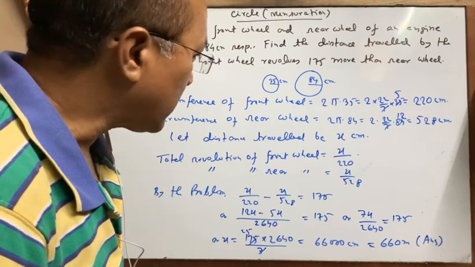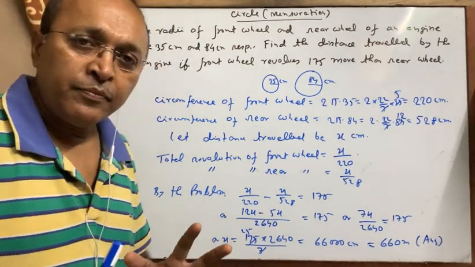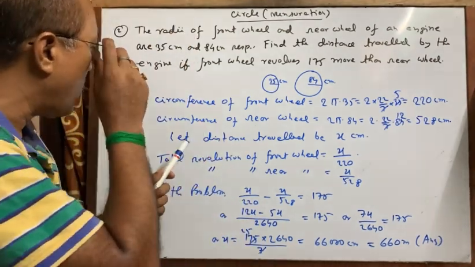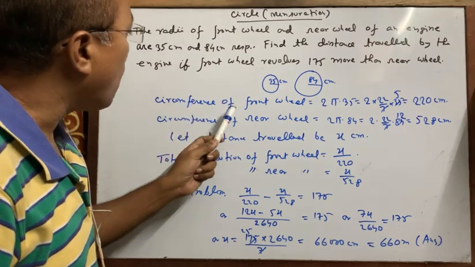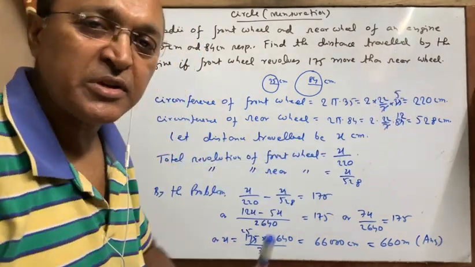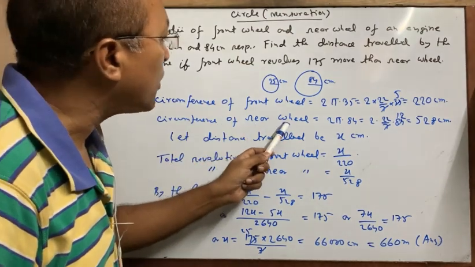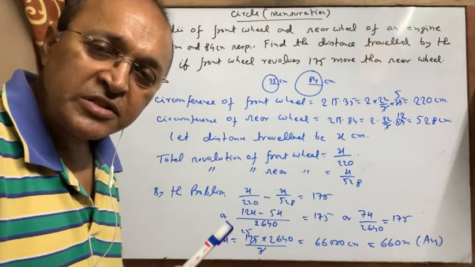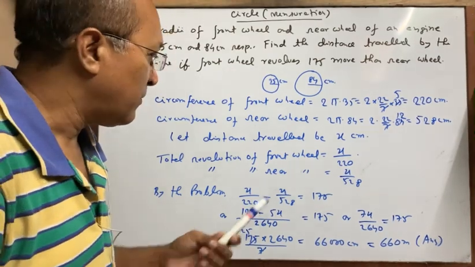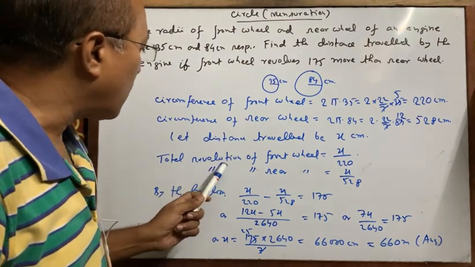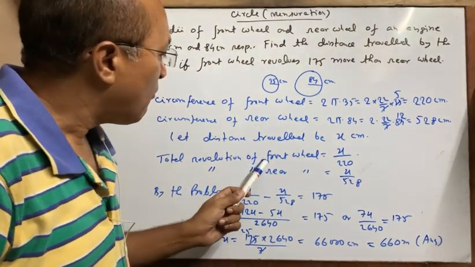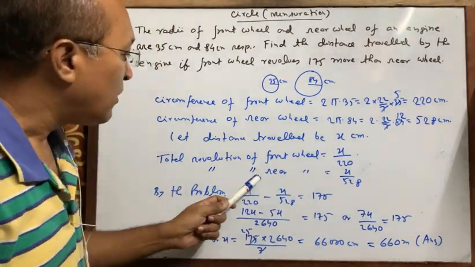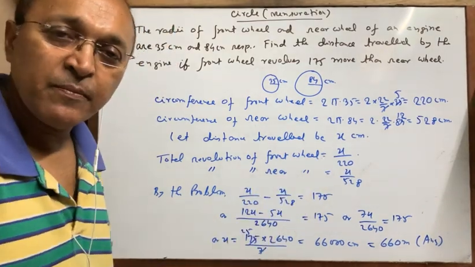Okay, so try to understand. One rotation of a wheel means 2 pi r. So, we had to find the circumference of the front wheel, which is 220 centimeter, and then the circumference of the rear wheel, which is 528 centimeter. Now, we have considered the distance as x centimeter. So, the total number of rotations or revolutions of the front wheel is x by 220 and the total number of rotations for the rear wheel is x by 528.